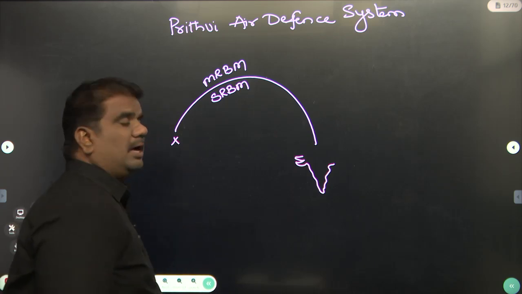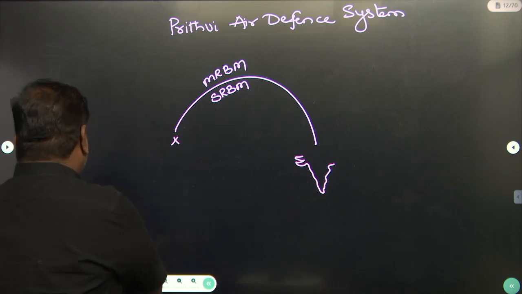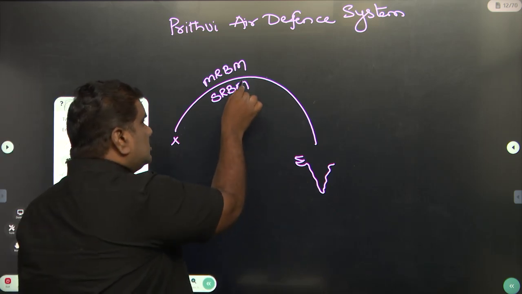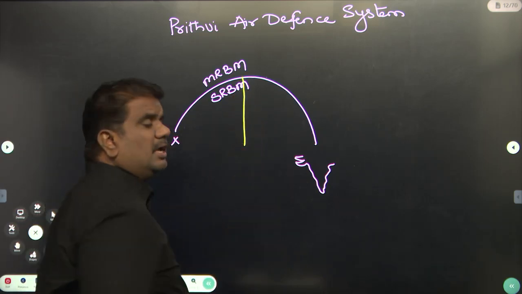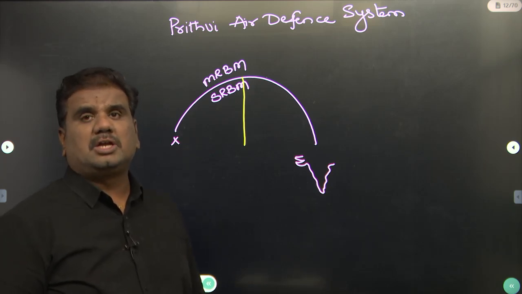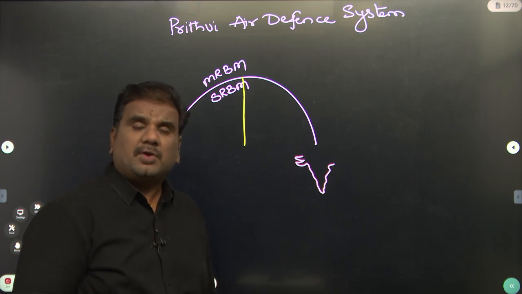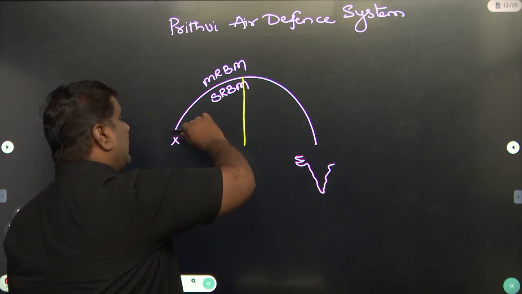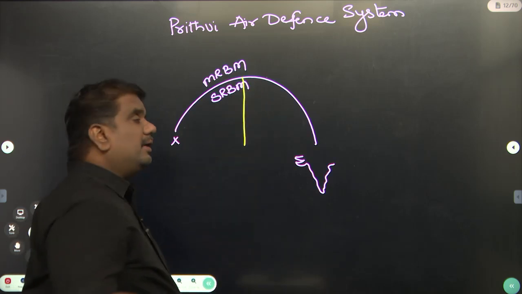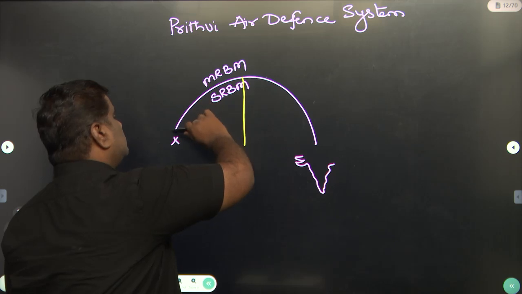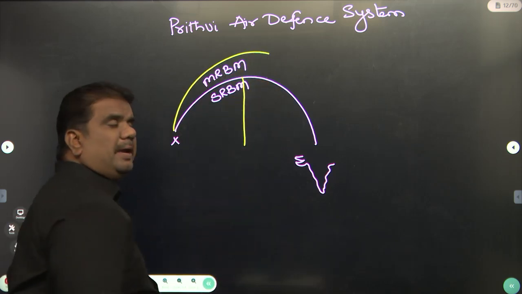Now we know that these SRBMs or MRBMs can reach a height of almost around 600 to 800, or sometimes even 1000 kilometers from the ground. The moment the missile has taken off, it travels the maximum part of its journey in outer space.